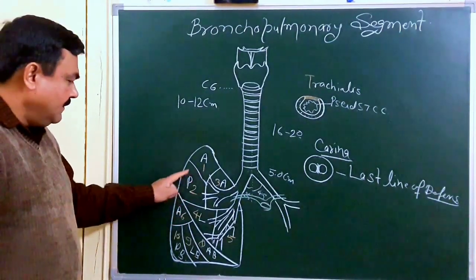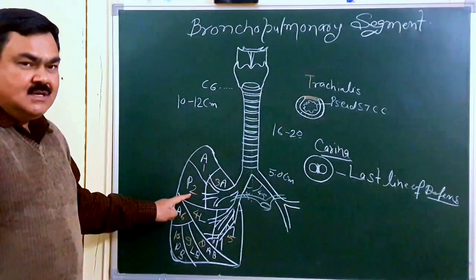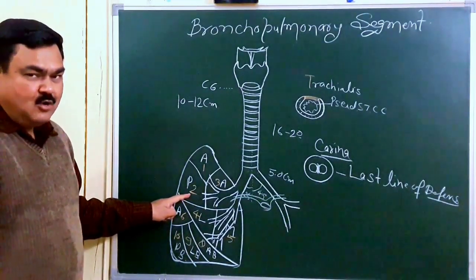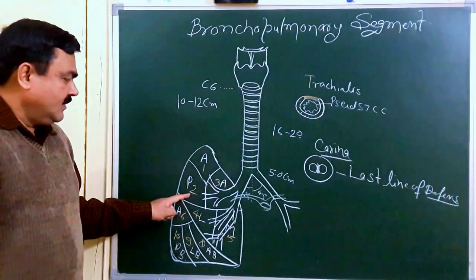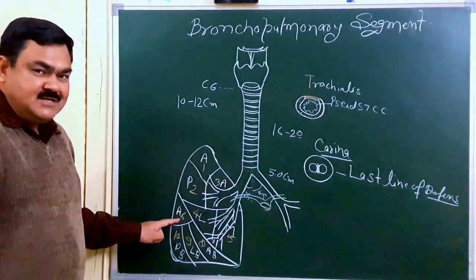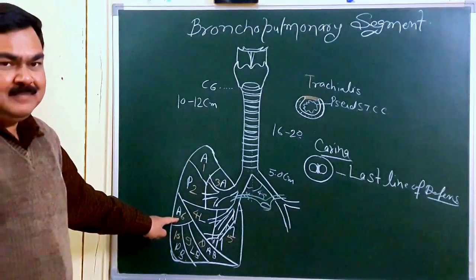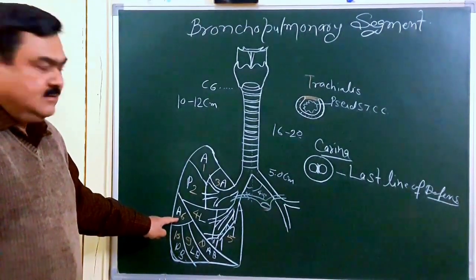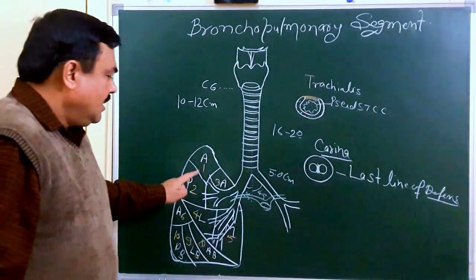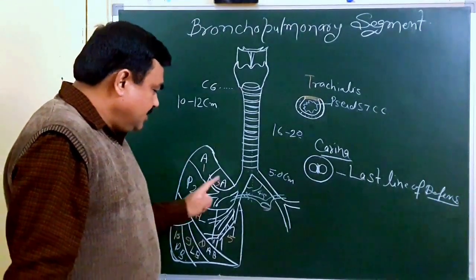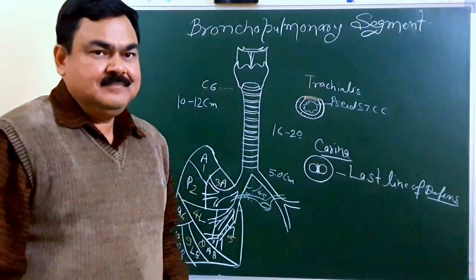Tuberculosis is more common in number 2 bronchopulmonary segment, and aspiration pneumonitis is more common in number 6. So this is about the bronchopulmonary segments of the right lung.